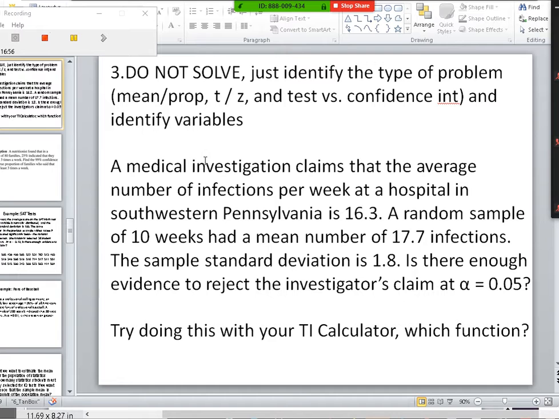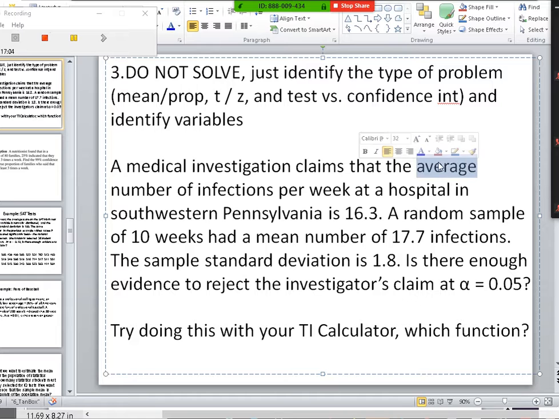Okay, is this a mean or a proportion, guys? Yep, mean, good. It says average, so it's a mean. Is this going to be a T-table or a Z-table? T-table. Right, mean, Mr. T, so we're going to use the T-table. Is it a hypothesis test or a confidence interval? Look and see if you can find the word estimate or the phrase confidence interval in here.